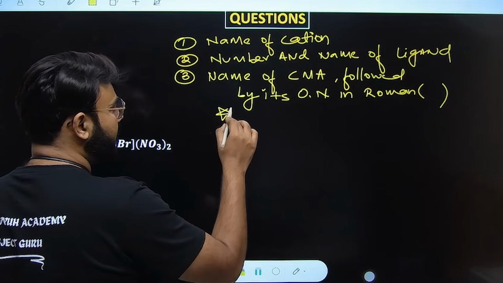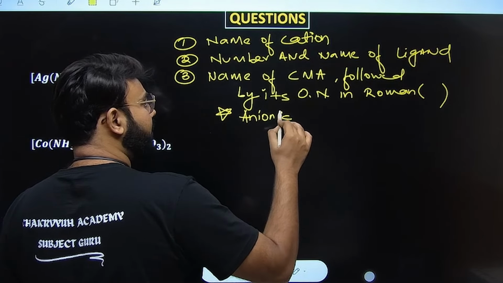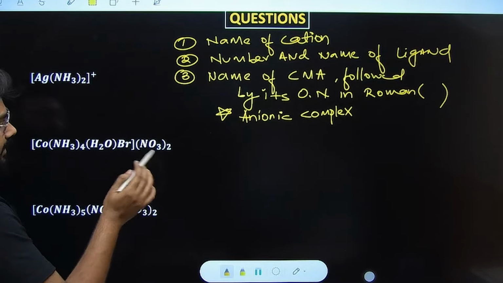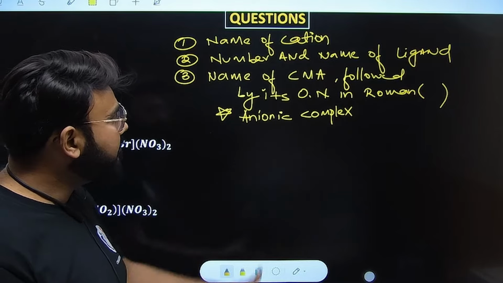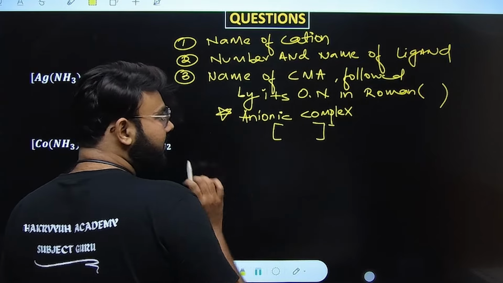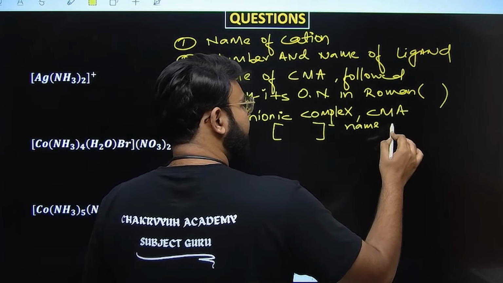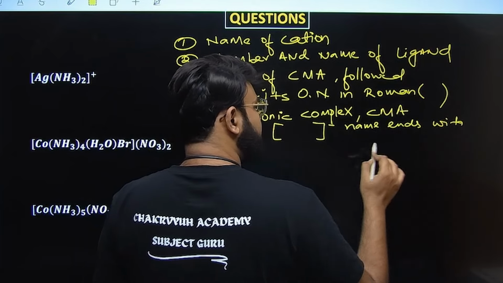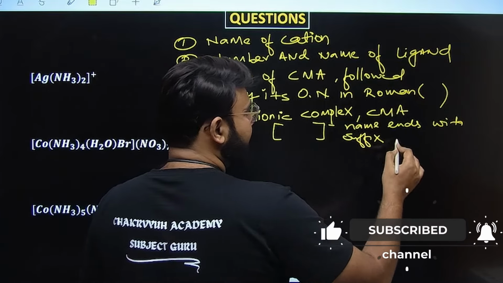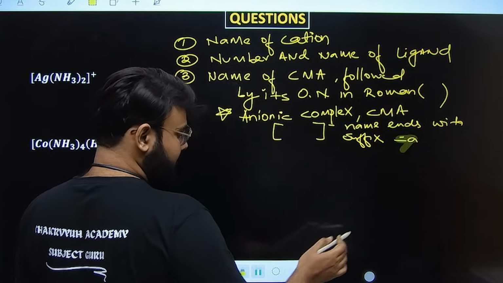But here there is an important point: if you have an anionic complex, that means the sphere contains a negative charge rather than a positive one, I'll show you such examples, then in that case the central metal atom name ends with the suffix ate.